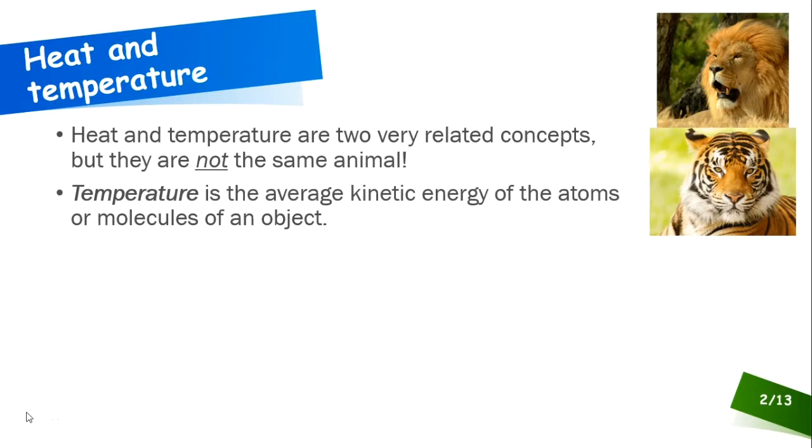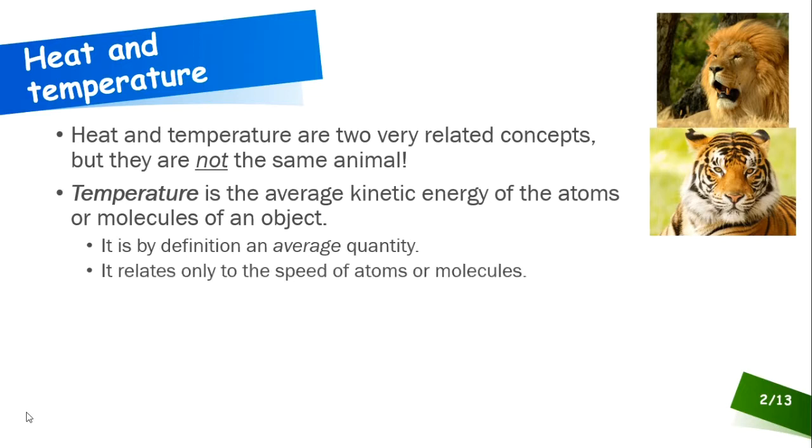You take the average of those speeds, and that relates to the kinetic energy that the vibrations have, and that's the temperature. So temperature is by definition an average quantity, and it relates only to the speed of that vibration you see in the atoms or the molecules.